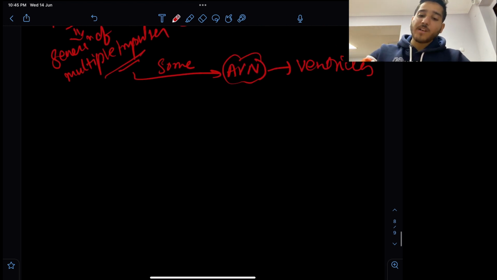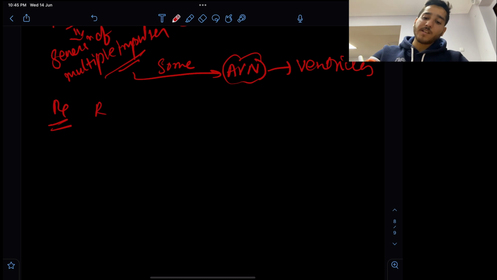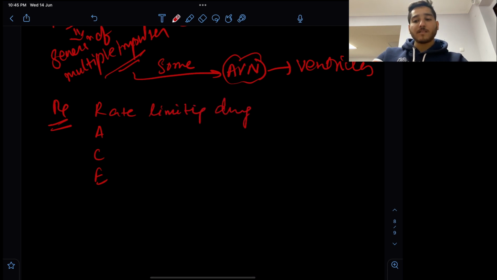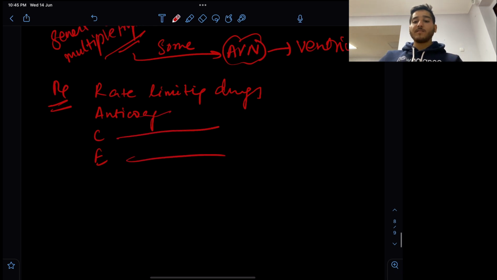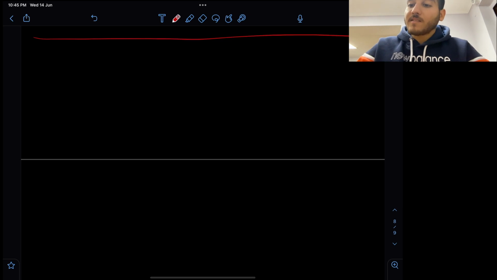The treatment for atrial flutter will be absolutely the same, rate therapy, and we have discussed this therapy: rate limiting drugs and anticoagulants. That's the same thing which we used in atrial fibrillation, right?